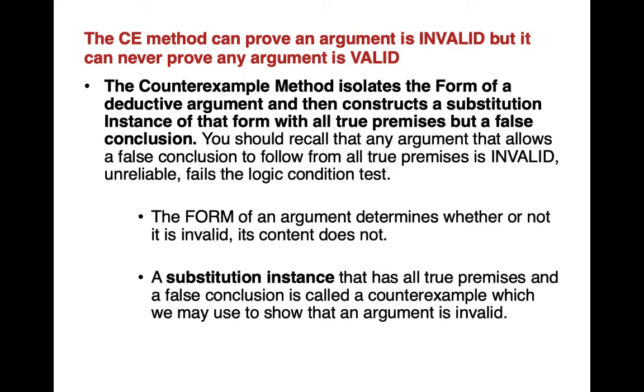And if you have an example of where the first part's true, but the second part isn't, that proves the conditional's false. Can't use it, can't trust it. Any argument that relies upon it is going to be bad.